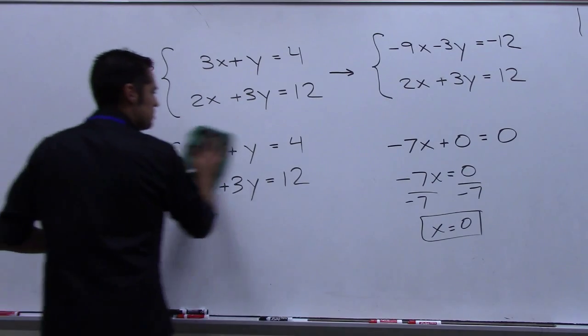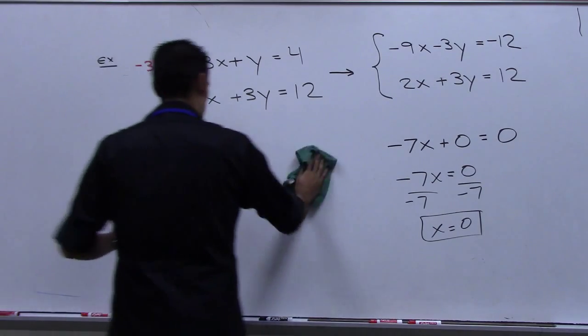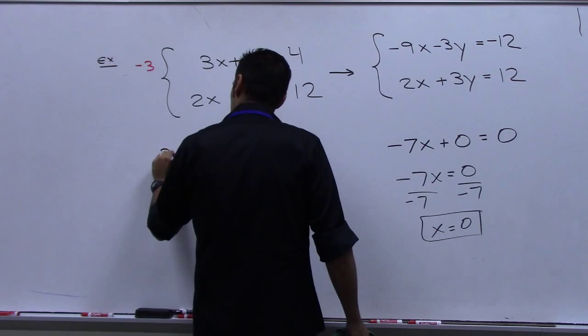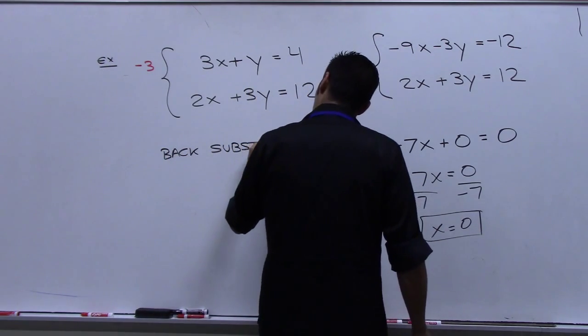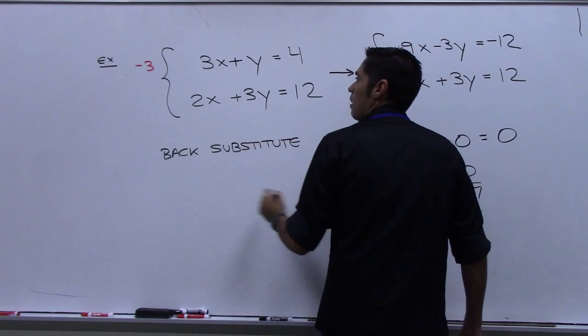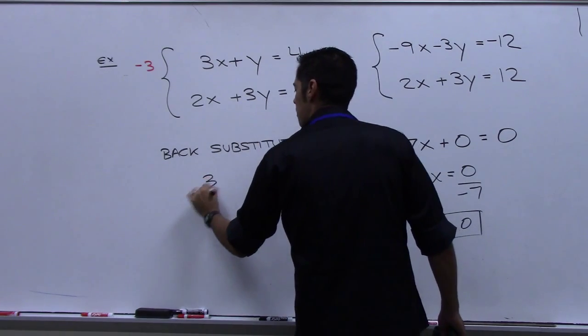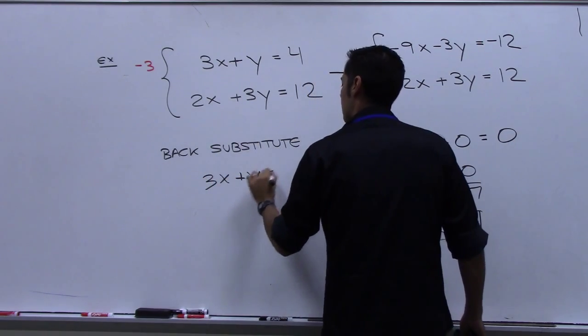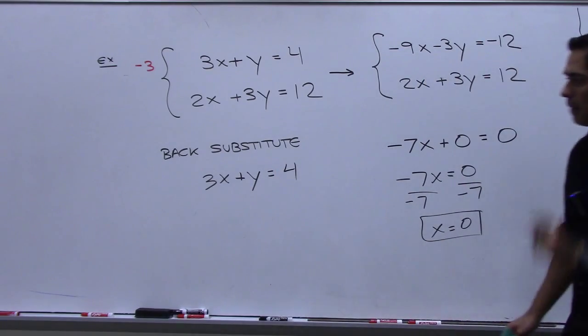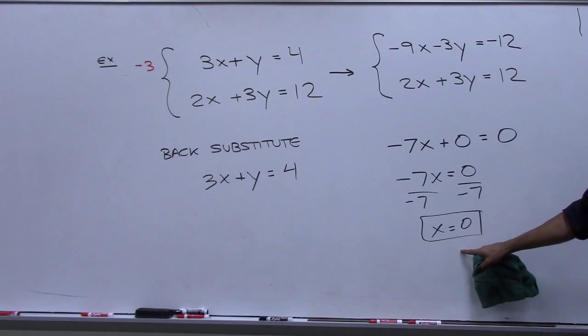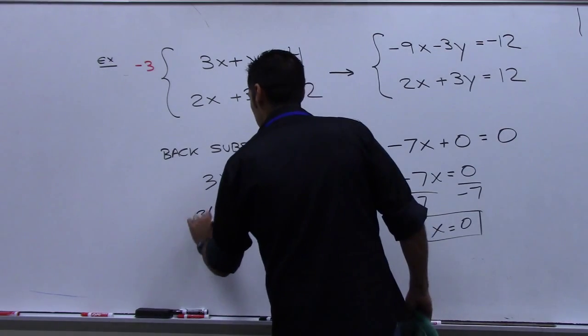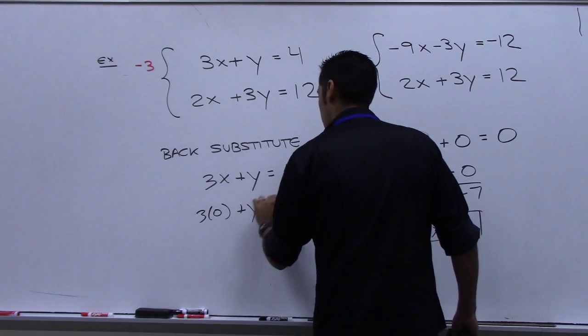So my back substitution now, back substitute. I'm going to pick the first equation up there, 3x plus y equals 4. And then what was x? 0, so 3 times 0 plus y equals 4.